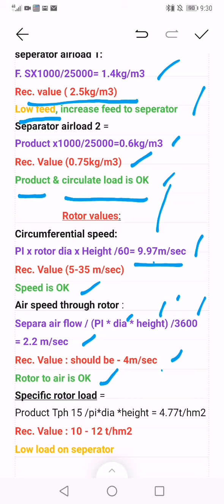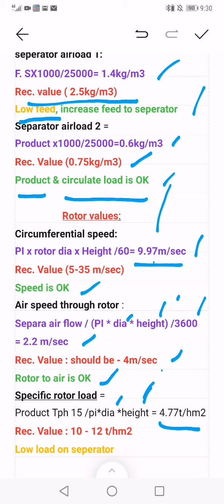And specific rotor load: product TPH, which is 15, divided by pi into rotor diameter into rotor height, rotor diameter 1 meter, rotor height 1 meter. So we are getting here 4.77 tons per hour meter square.